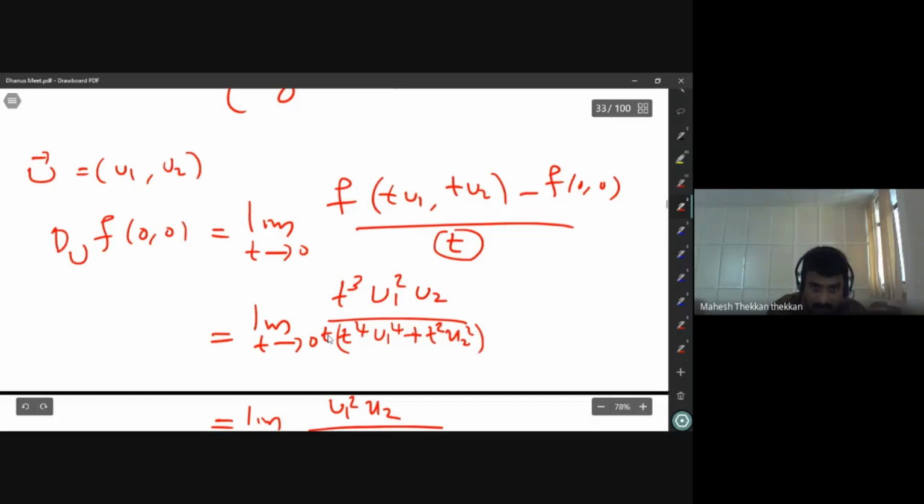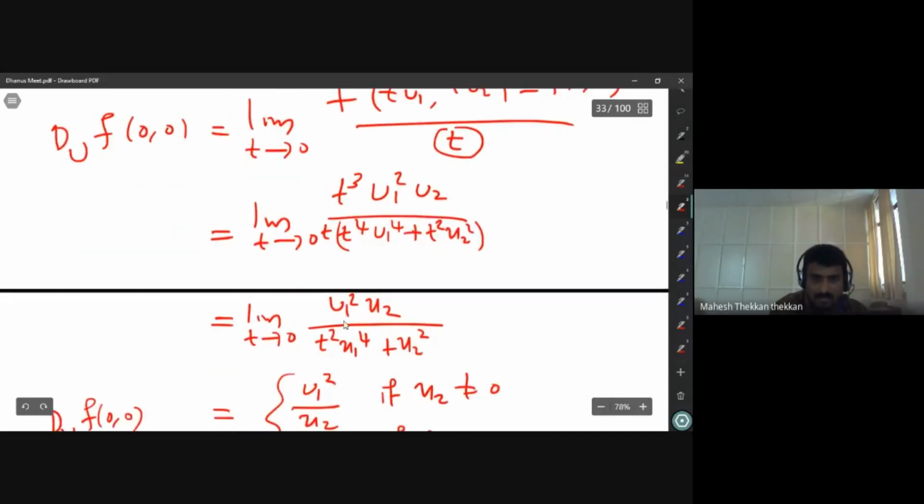So in the below term what will I get? t cube will come here, right? From each term I have taken t square outside, and already one t is there, so in total I will get t cube here. And the numerator also has one t cube. So those two t cube will cancel. So the remaining is u1 square u2 by t square u1 raised to 4 plus u2 square.